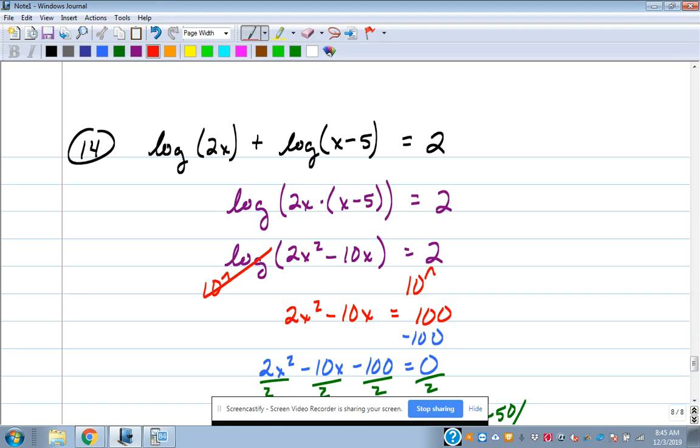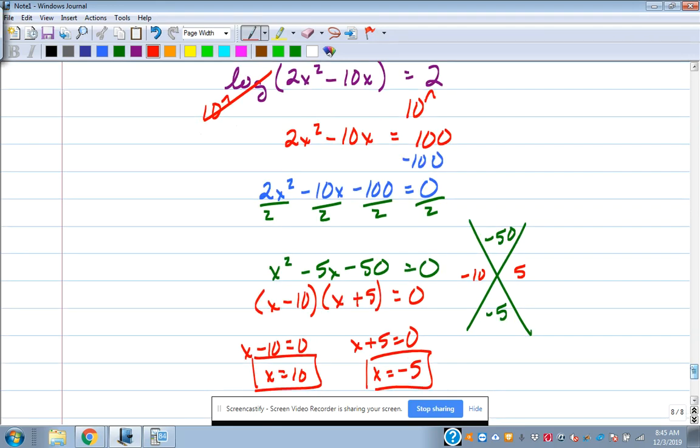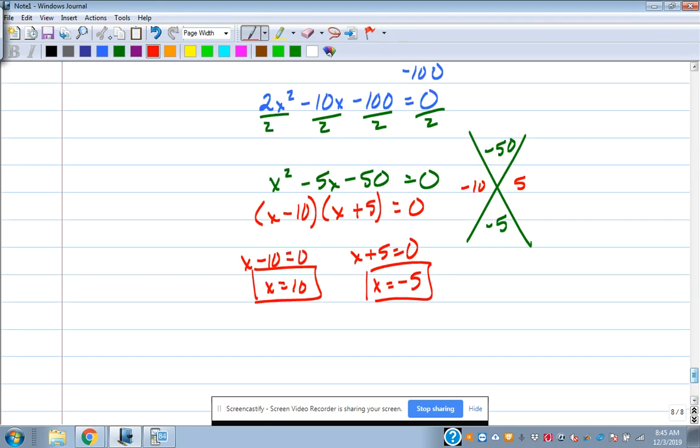No matter what the other one does, that one's out. So that's an extraneous solution, so we're going to put an X through it like that. So x equals 10 is the only solution that works. The negative 5, we found it, but it doesn't work in the original problem because of the domain of the logs. It has to be positive numbers.